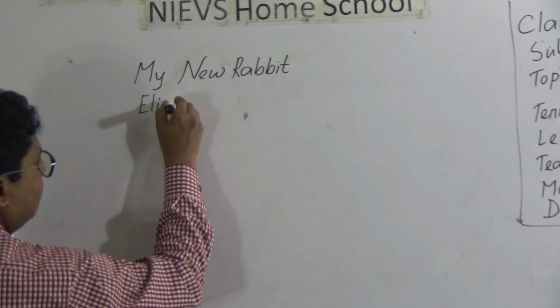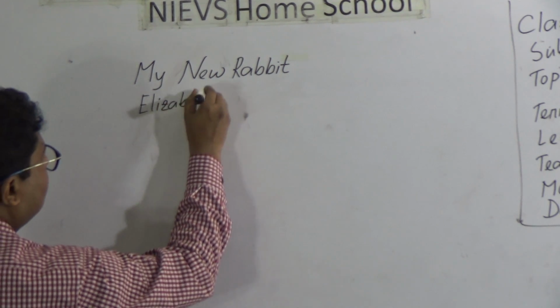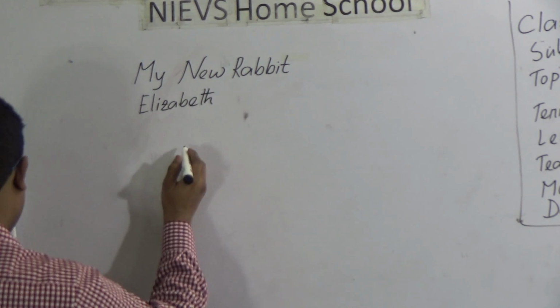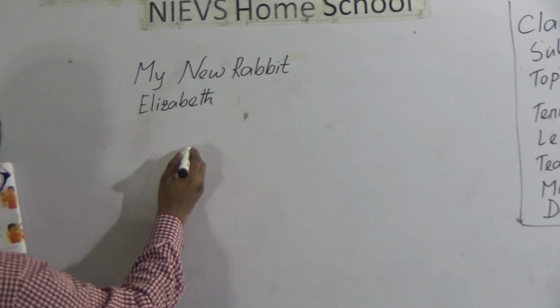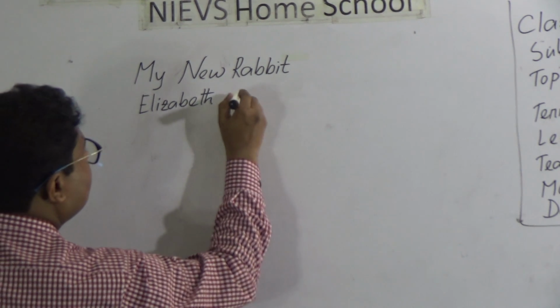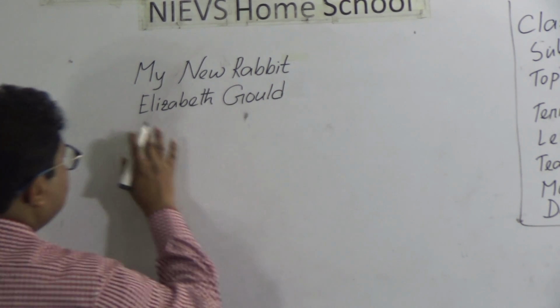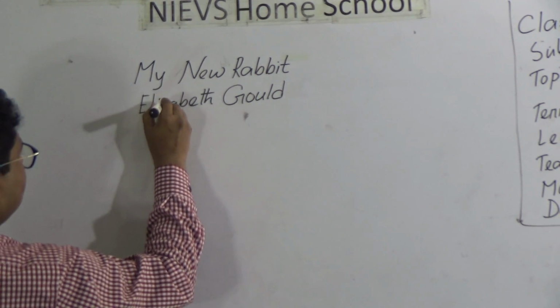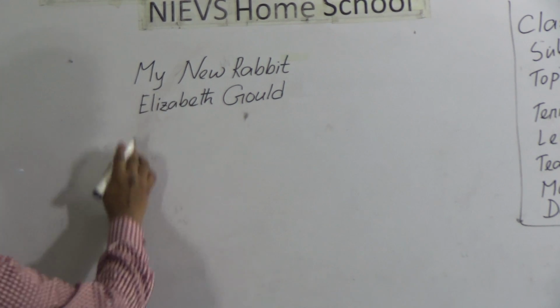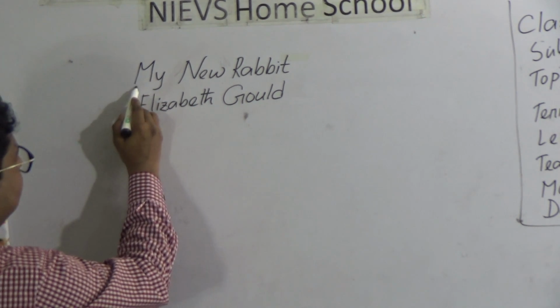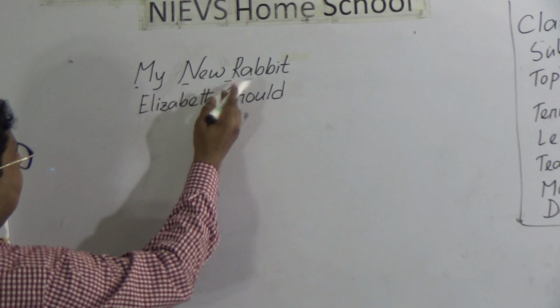Elizabeth Gould. So this is the writer of the poem, Elizabeth Gould. My New Rabbit title, M will be capital, N will be capital, R will be capital.